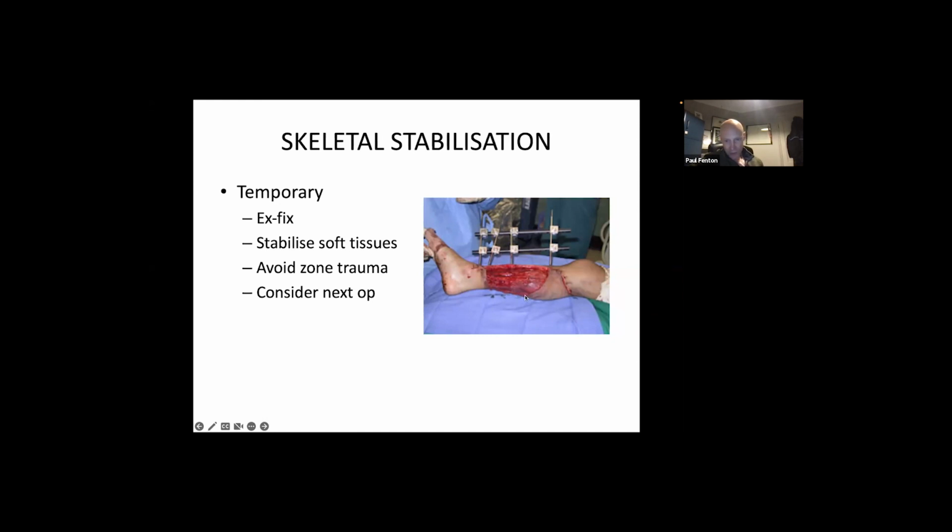And whenever you do any kind of stabilization, always think about what the next operation will be, and try not to compromise the next operation with your intervention.